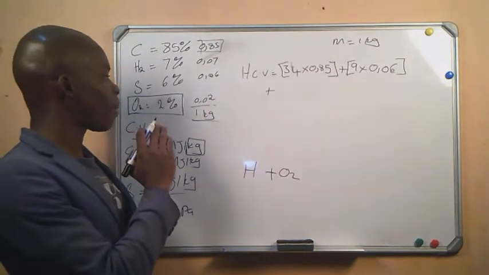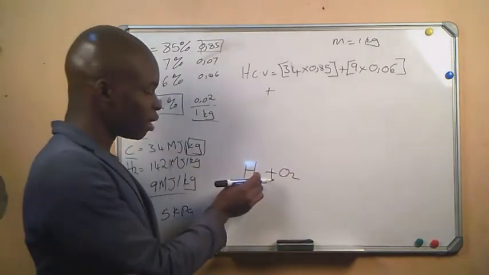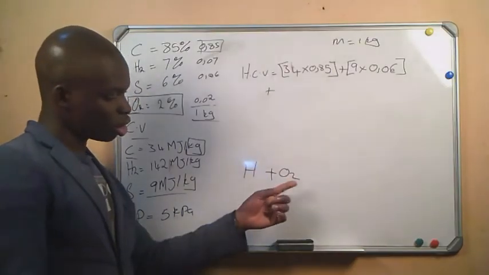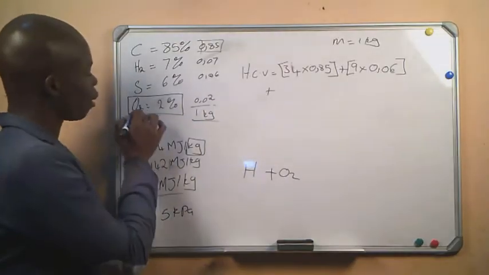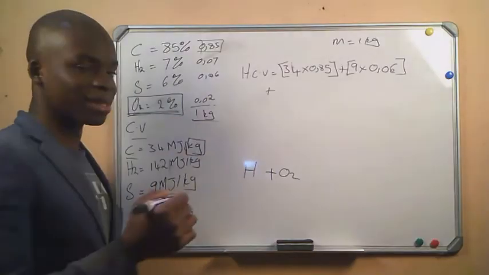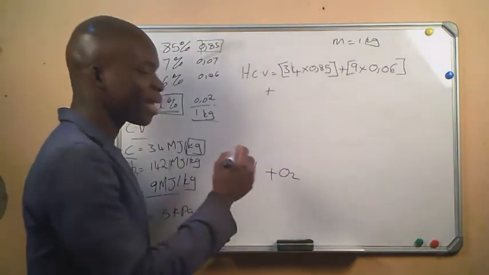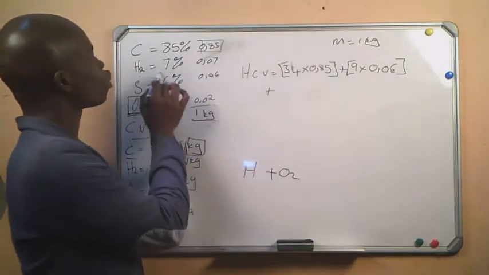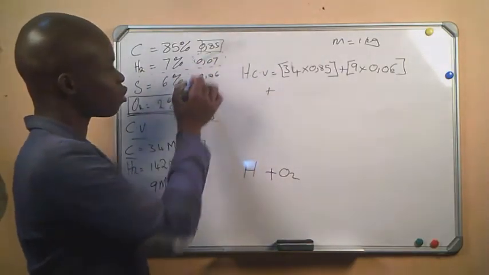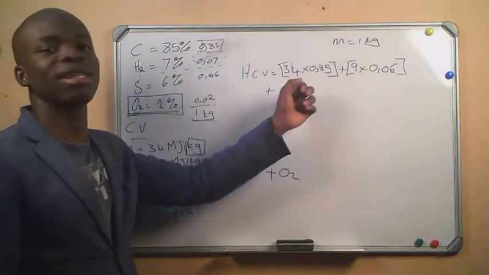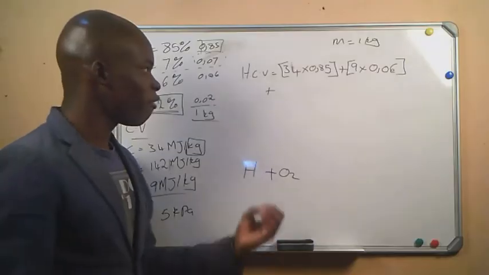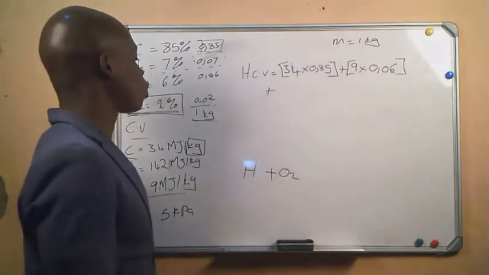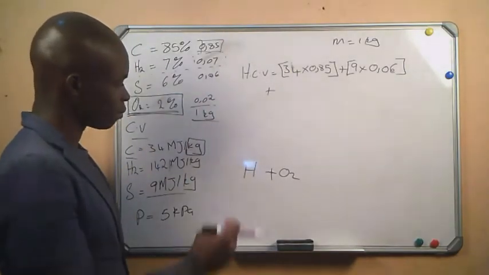That portion of the hydrogen that has already undergone combustion with the oxygen that is already in the system, we will have to calculate for it and then minus it from the total amount of hydrogen in the system, so that we do not include it here when we are calculating for the high calorific value or the total calorific value of the fuel.